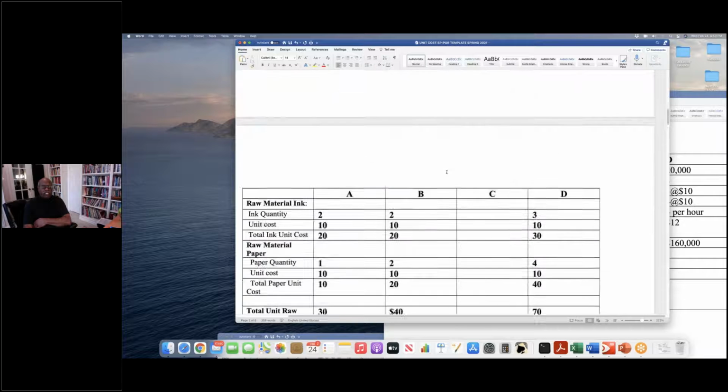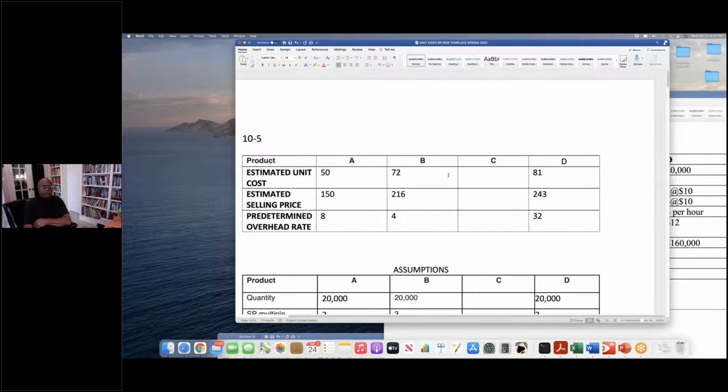So we changed this to 10.5 now. So I need to take all of these out.